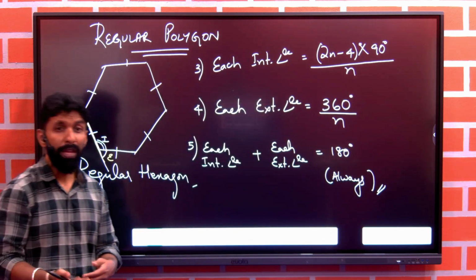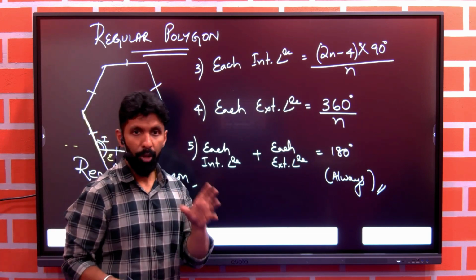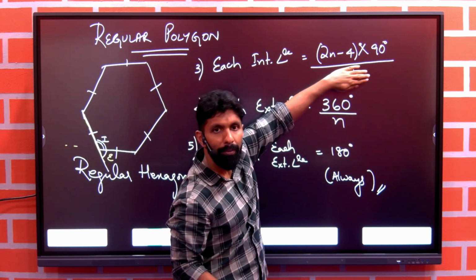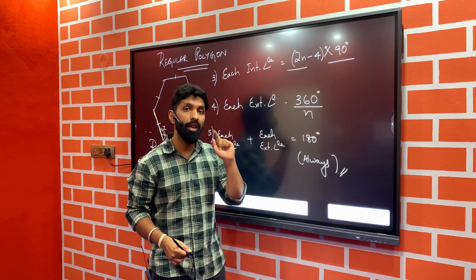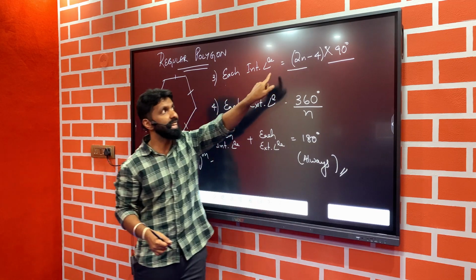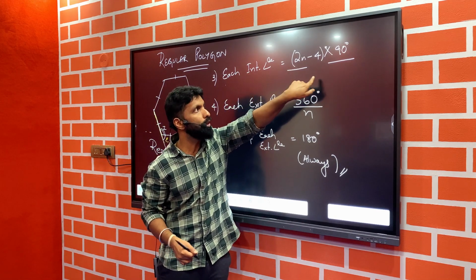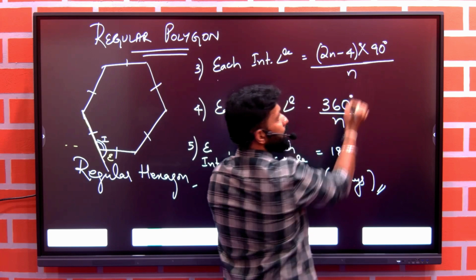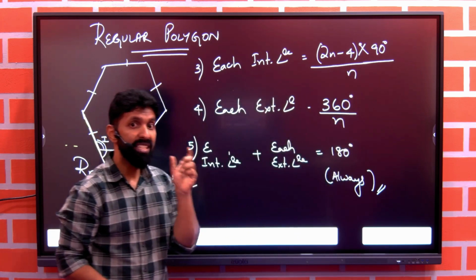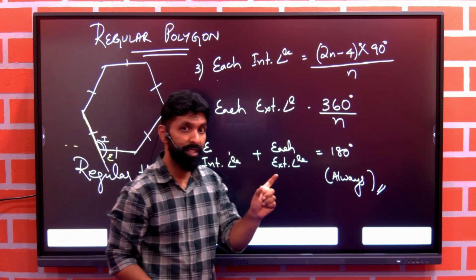Okay, so quickly, if I'm talking about a normal polygon, sum of interior angles was just (2n minus 4) into 90 degrees. If I'm talking about a regular polygon, then each interior angle is (2n minus 4) into 90, the whole thing divided by n. Yes? Okay. If I'm talking about a normal polygon, sum of exterior angles was just 360 degrees.